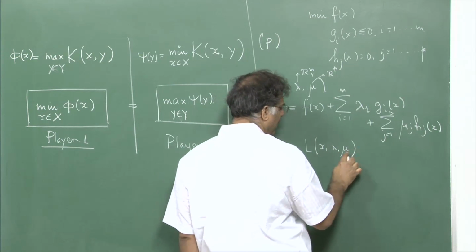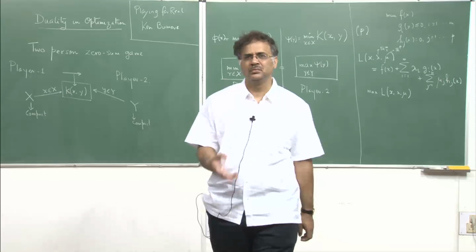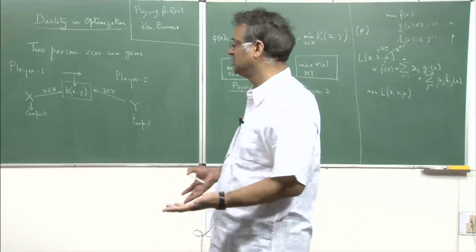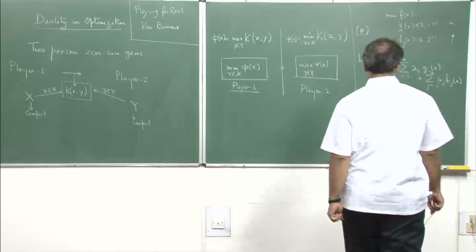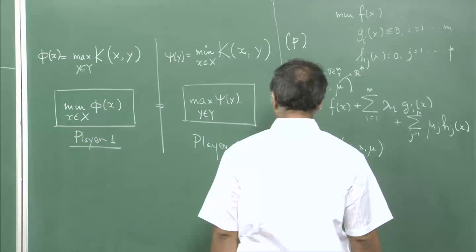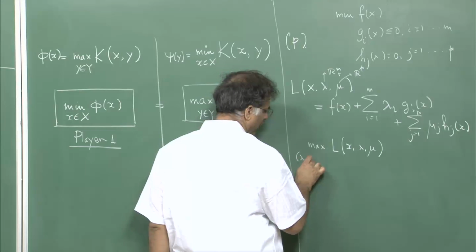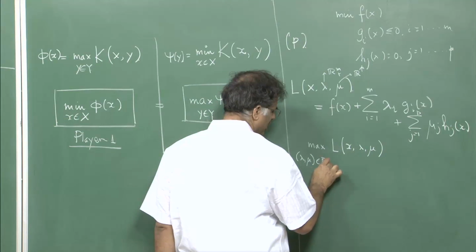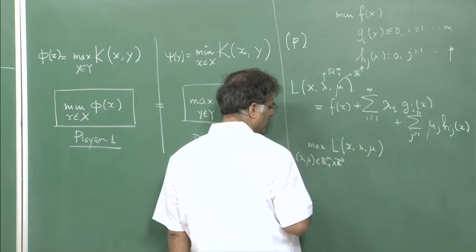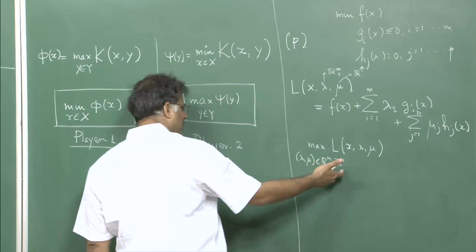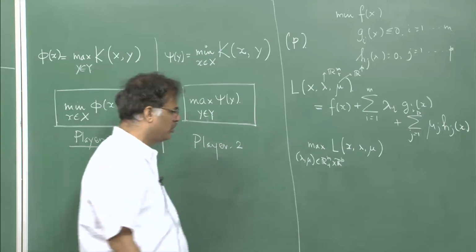In this case lambda and mu are assumed to be the strategies of player 1, the original problem, and so here let me see what would happen if I do this. Varying lambda and mu over R^m_+ cross R^p, let us see what would happen to this.